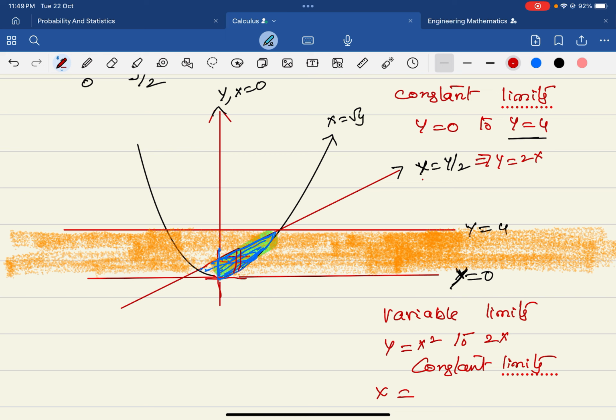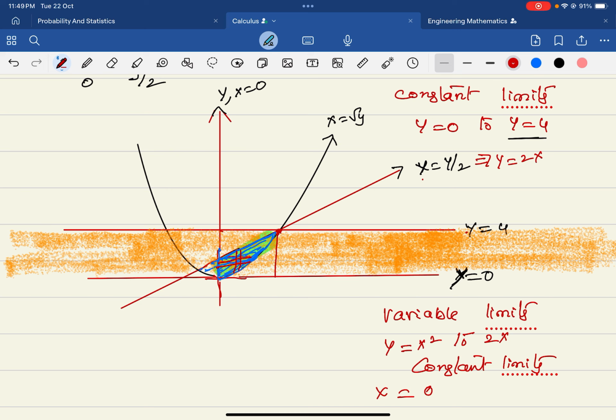And then when I write the constant limits, meaning the number you should write, when I go from left to right, what is the value of x? It is 0. And up to here you are going to write, right? So what is the point of intersection of this now? This is y is equal to 4, correct?